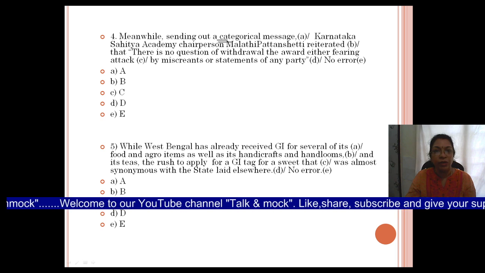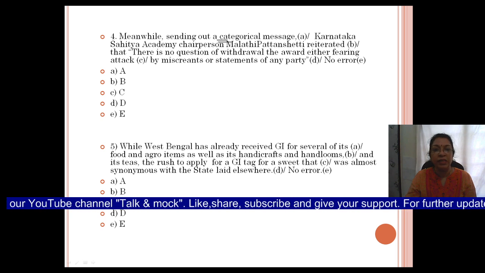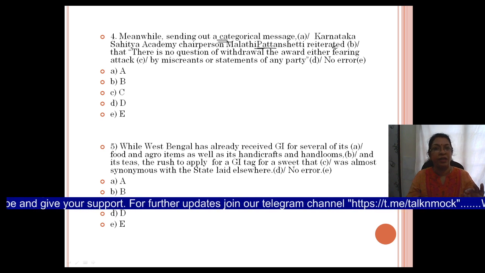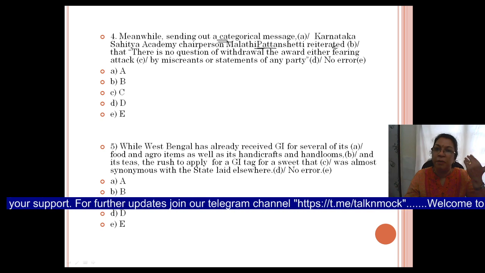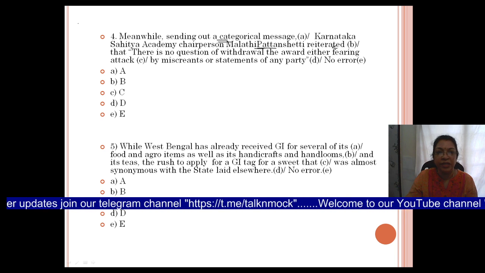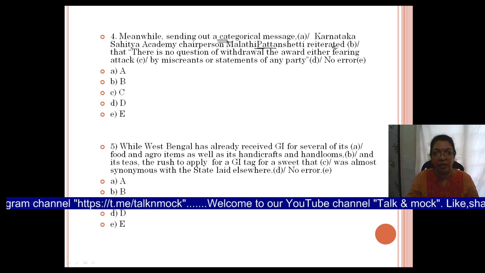Message, singular, so I have an article here. Karnataka Sahitya Academy Chairperson Malati Patan Shetty reiterated. So Malati Patan Shetty is the subject and reiterated is the verb. This is again in past tense, no problem of subject verb agreement. Reiterated that. So till B we do not have any error.